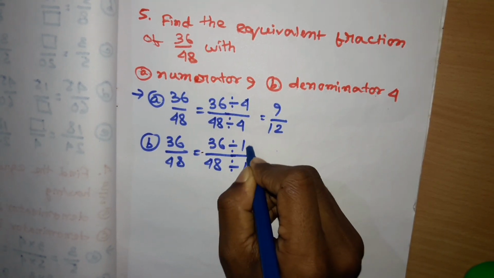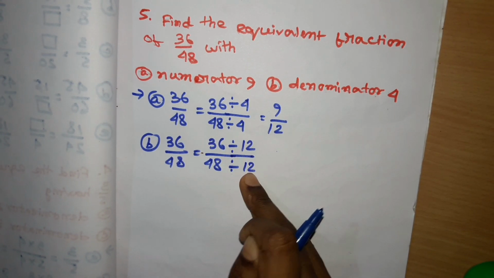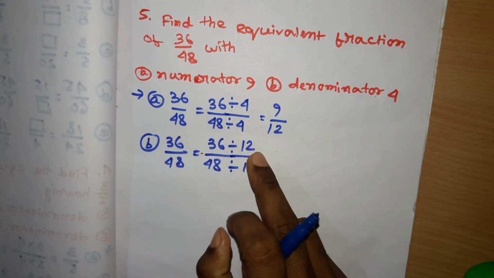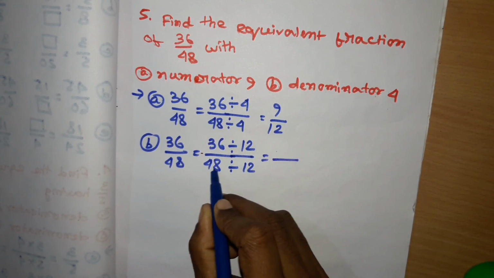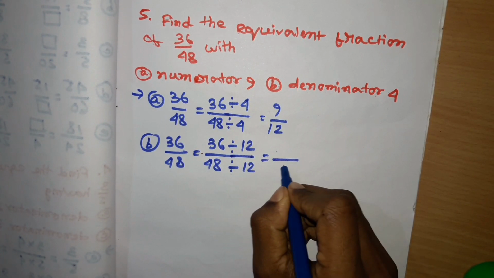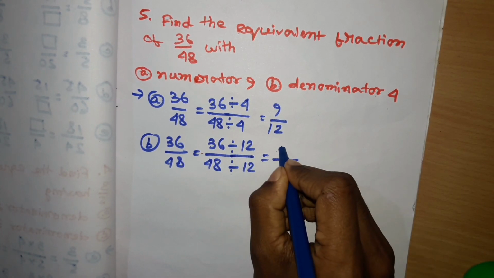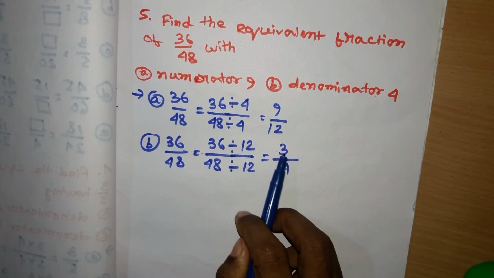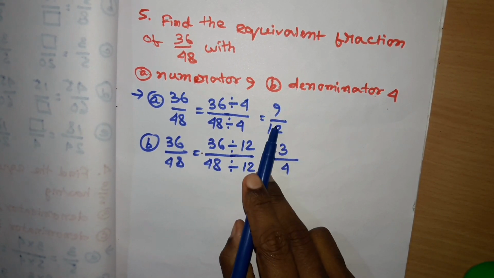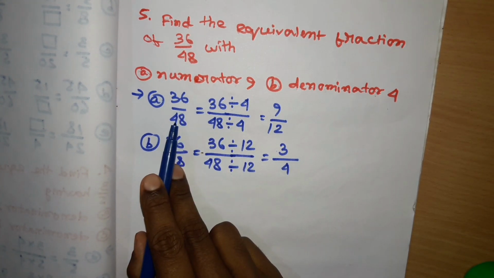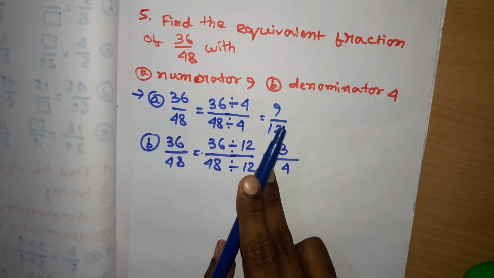If we divide in the denominator, we have to divide the numerator also by the same number. 12 4s are 48. So 12 3s are 36. So it is 3. So 3 by 4 is the equivalent fraction of 36 by 48 having denominator 4, and 9 by 12 is the equivalent fraction of 36 by 48 having numerator 9.